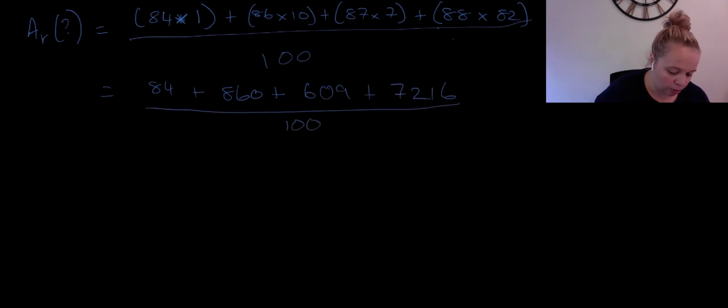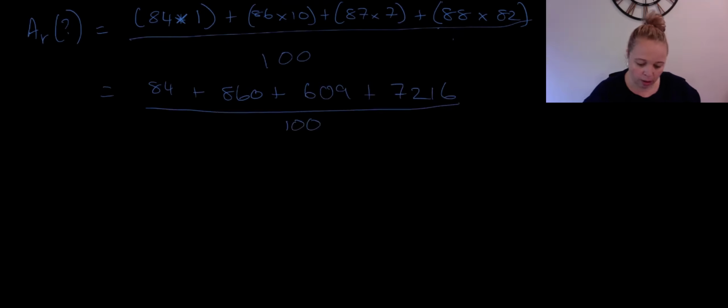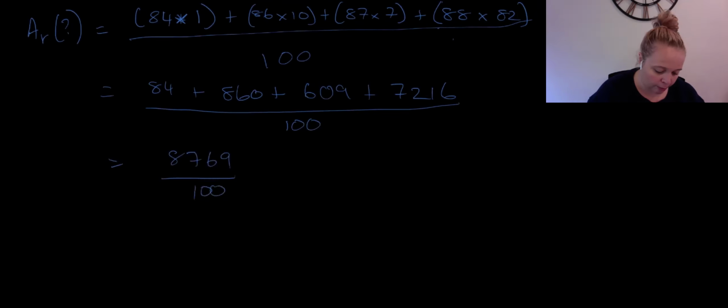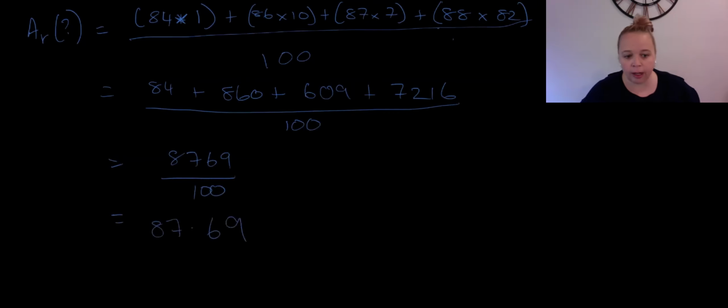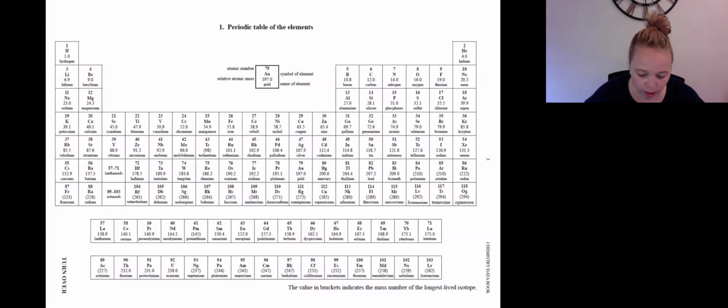All that over 100 because we want to get rid of the percentage. So we add them up. We end up with 8769 over 100, which means our AR of our unknown is going to be 87.69.